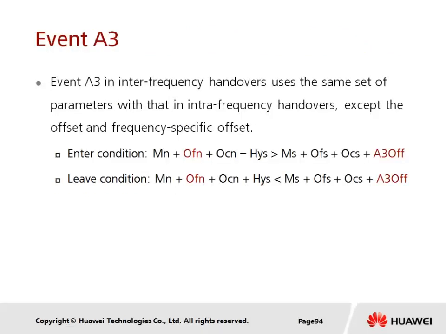So we are going to have a look at the difference between A3, A4, and A5. We have seen the formula of event A3 earlier, which means the signal of the neighbor is greater than the signal of the serving. The only difference is that now this is interfrequency handover, so OFN is not the same as OFS anymore. OFN and OFS do affect the handover decision.